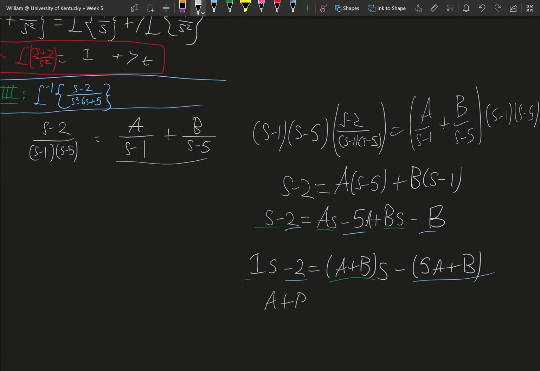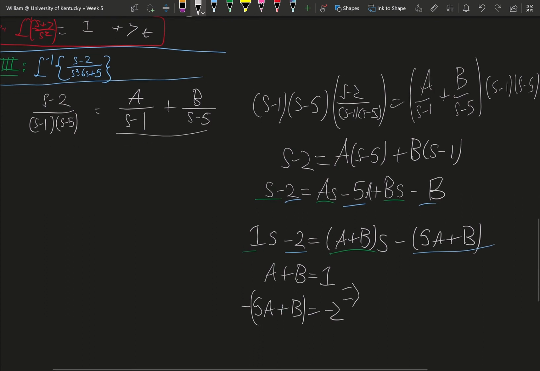So a plus b has to equal 1, and negative 5a minus b has to equal negative 2. Multiplying through by negative 1 on both sides gives 5a plus b equals 2.